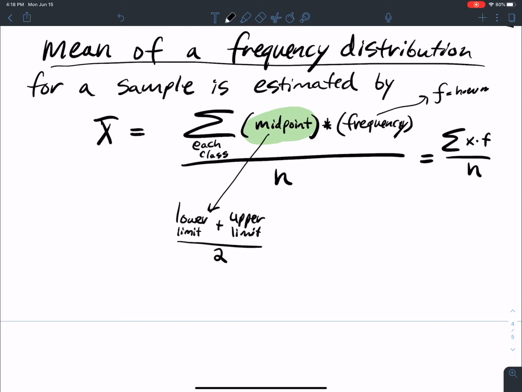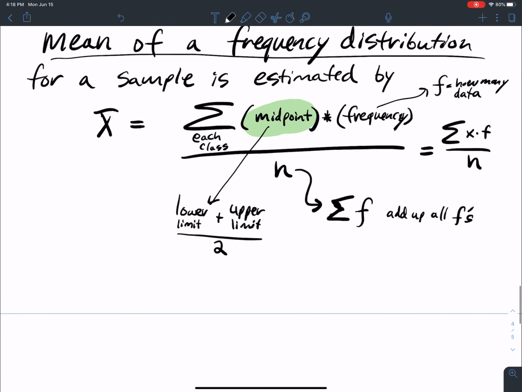And this n here is the sum of all the frequencies. Add up all f's, so the sum of the frequencies, that's what n is always equal to.